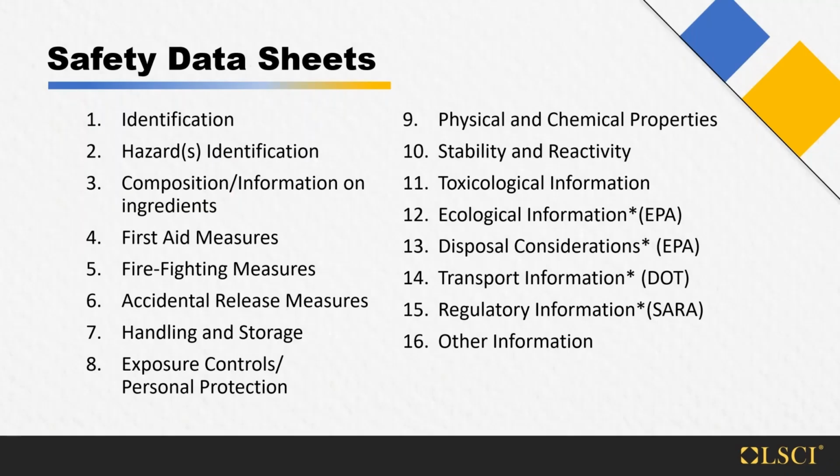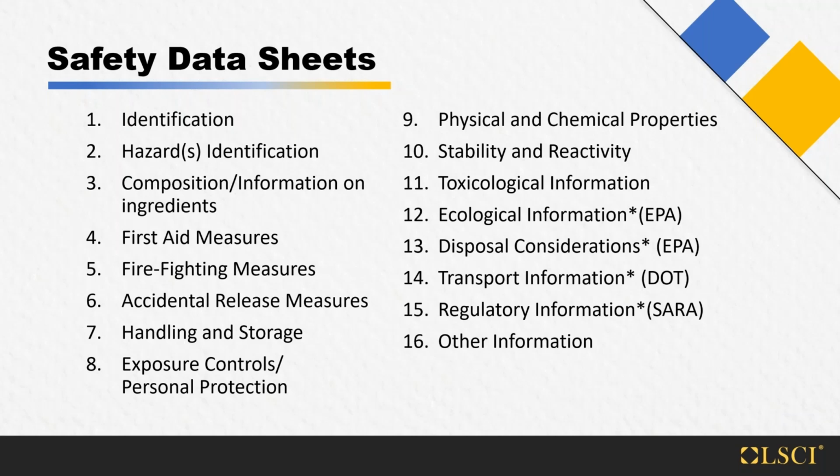Now, although there is no specified format for the SDS, OSHA does require that certain essential information be included on it. Each safety data sheet must be in English and include information regarding the specific chemical identity of the hazardous chemical involved and the common names.